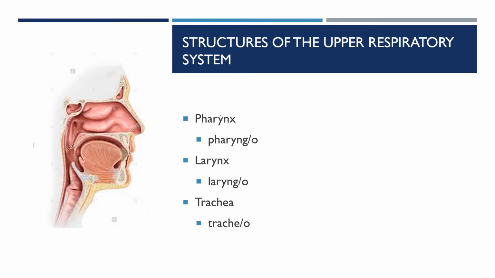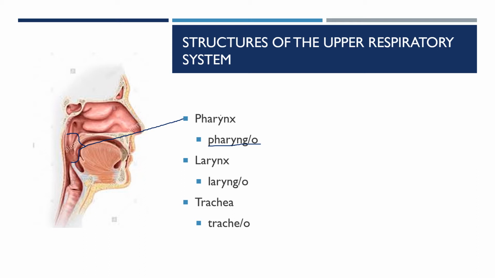So the pharynx is, in other words, your throat. And it's this area located back behind your mouth right here. So that's your pharynx. Pharyngo is the combining term for pharynx, or as you would call it, your throat.